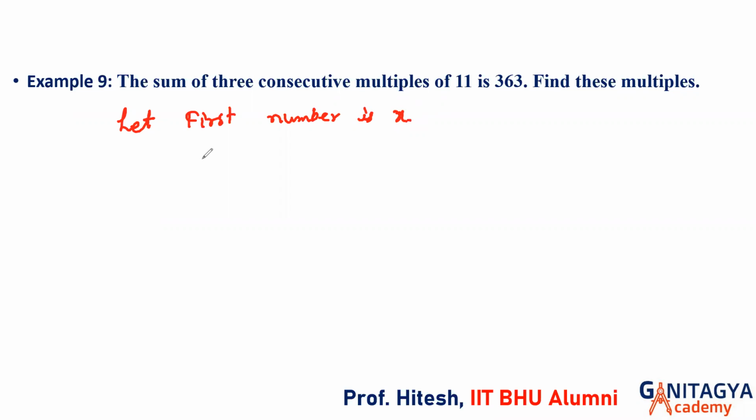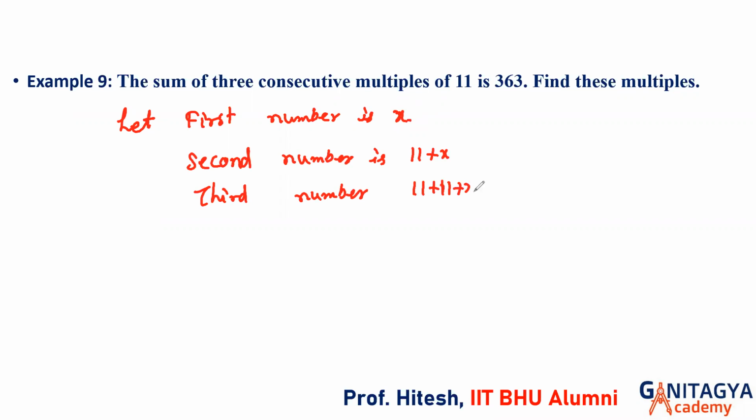So the second consecutive number will be, tell me, 11 plus x, and the third number will be 11 plus 11 plus x. Understood? See, very easy.